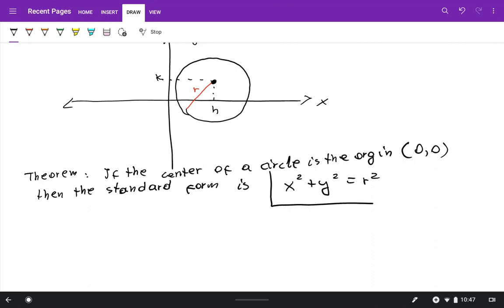So this is the standard form of the circle only when the center is the origin, point 0 comma 0. That means h and k are 0. That's why the equation is simplified.